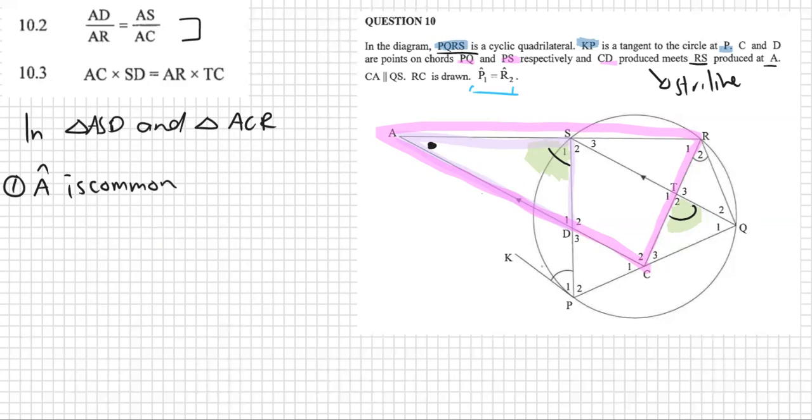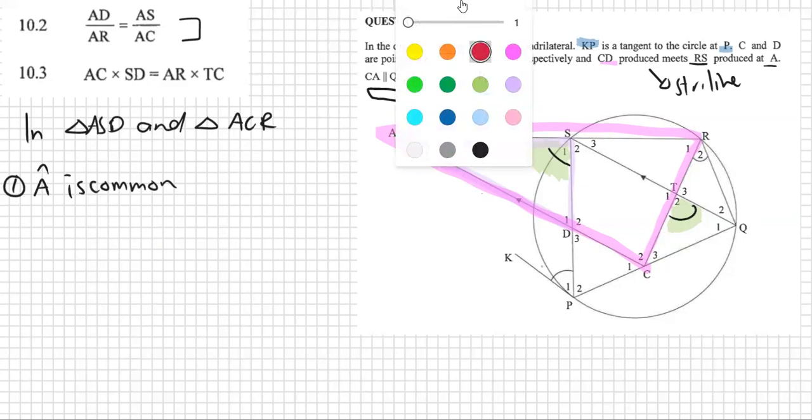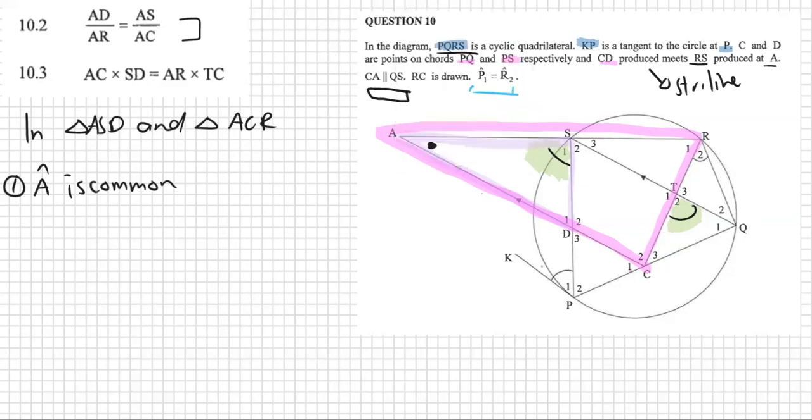Okay, stare at that for a bit. What other information haven't we used yet? Looking at all the information, the only piece I haven't used is the parallel lines. So this is parallel to this. We haven't used that yet, so we still have to use that.